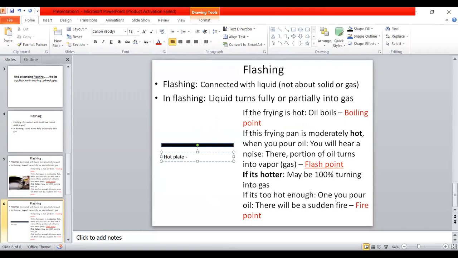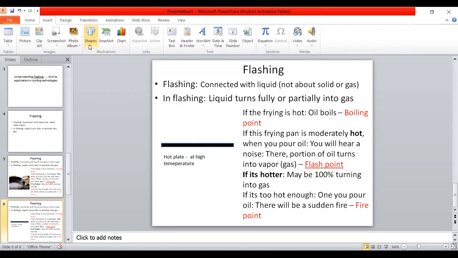One time learning, let's say at high temperature. We don't know how high. But here, you have to imagine, let's say I'm dripping a water droplet on the plate.